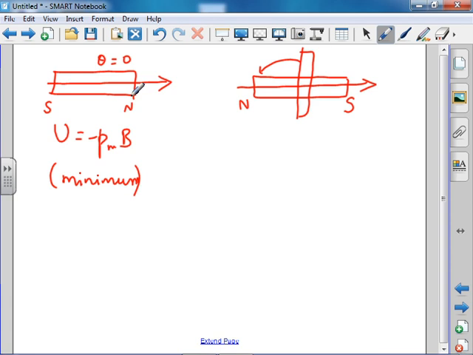So U is equal to pmb, and that is the maximum potential energy.